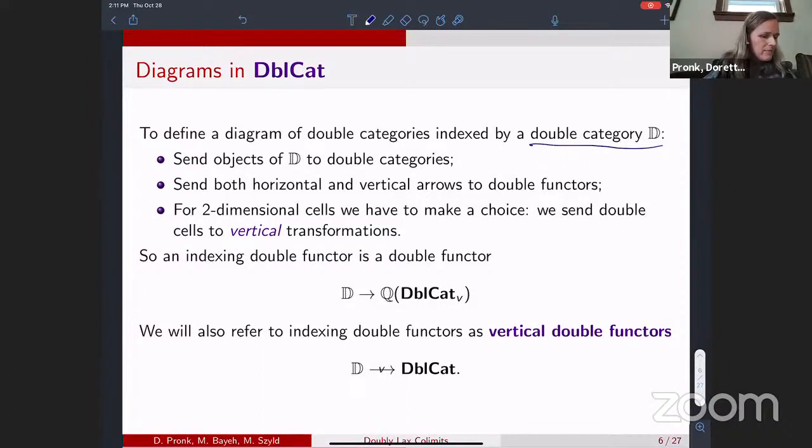So the indexing double functors defined that way will also be called vertical double functors from D into double cat. So we don't have to keep writing this Q double cat V. Whenever you see this type of arrow, what we really mean is a double functor into Q double cat V.